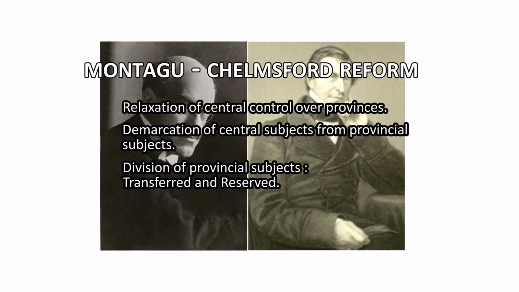Provincial subjects were further divided into two, which were transferred and reserved. This act also introduced diarchy at the center, bicameralism, direct election, and Central Public Service Commission in 1926.